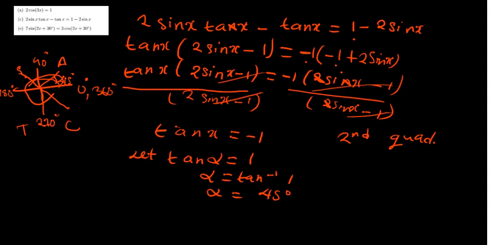That means x is equal to 180 degrees minus alpha. So x is equal to 180 degrees minus 45 degrees, which gives us 135 degrees from the second quadrant.